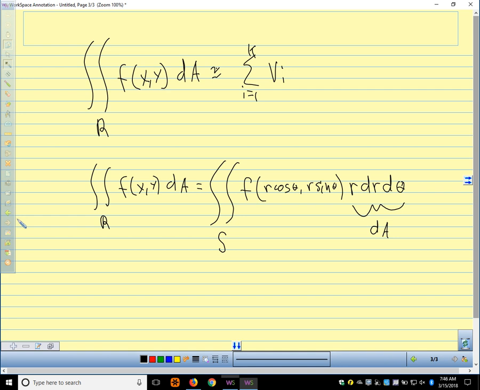All right, so for a double integral in polar coordinates, this quantity will always appear as part of your integrand, r dr d theta. And this S indicates that our region is defined by r and theta, not x and y.